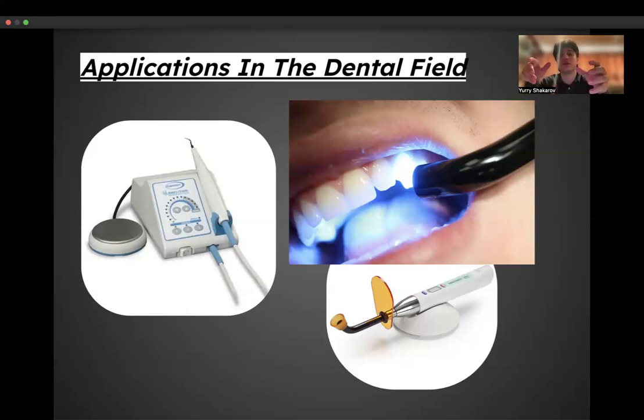One example when they use the curing light is when they would put a bracket on top, where they would put glue with a bracket, and then they'd cure it in spot to hold the bracket down. Or for a filling, after they shape the filling to the tooth to cover up the cavity after they clean it, they would harden it with the curing light.